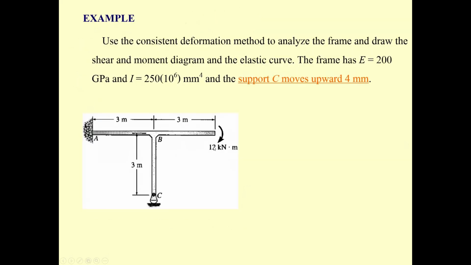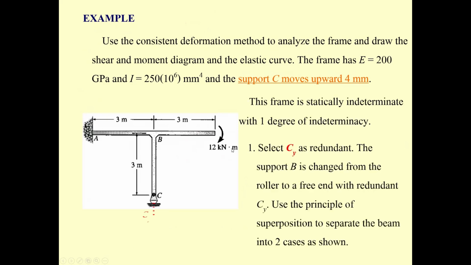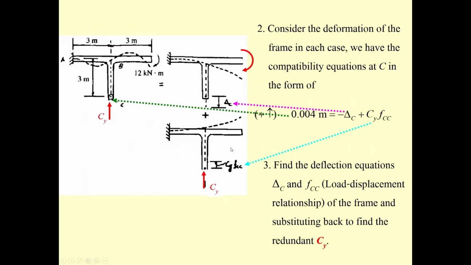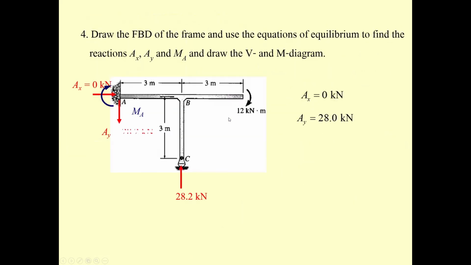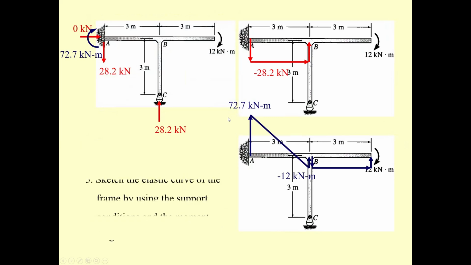And then we also have this one in the previous one, and I believe some of the solutions from the textbook may not be correct, so do not just believe that one. And that's going to be the end of the example of the frame.